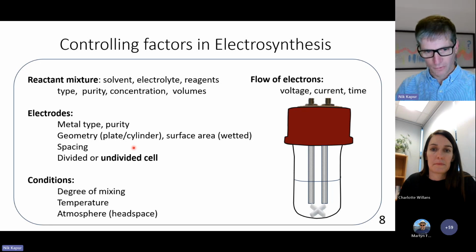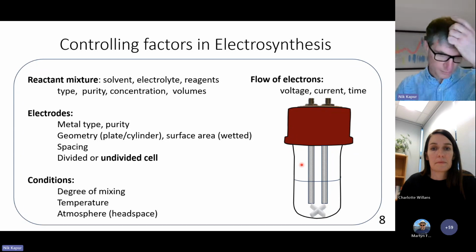And of course, this is an undivided cell, so there's no semi-permeable membrane between the two electrodes. And then also things like the conditions that the fluid's in, so the degree of mixing, the temperature, and also the atmosphere. Charlotte's already alluded to some reactions that are very sensitive to oxygen, for instance, and being able to control these is really important.